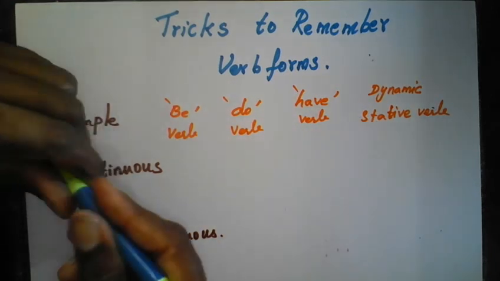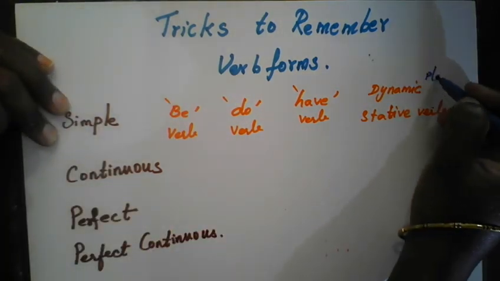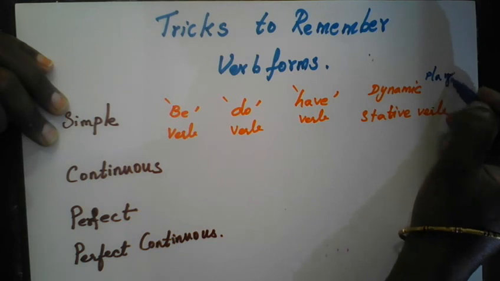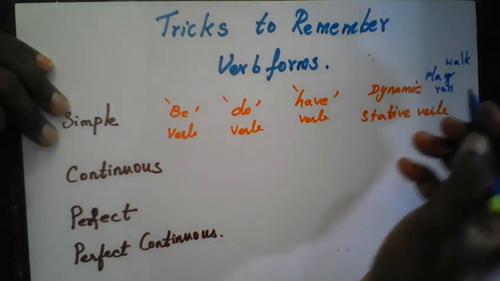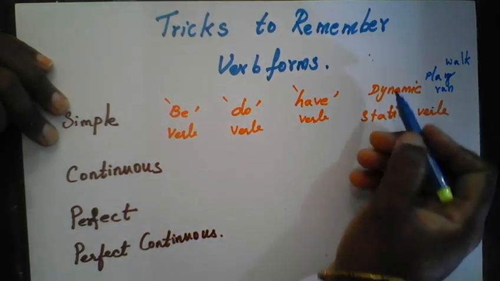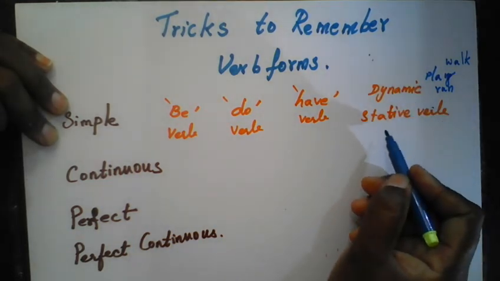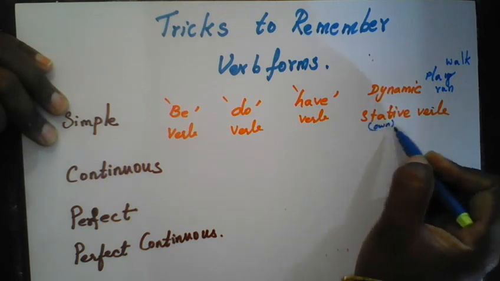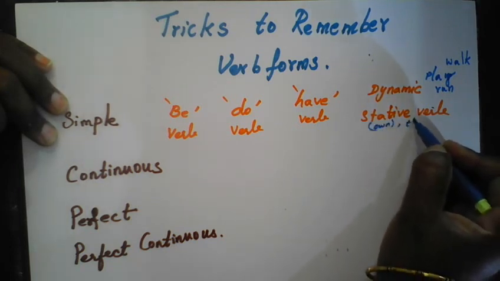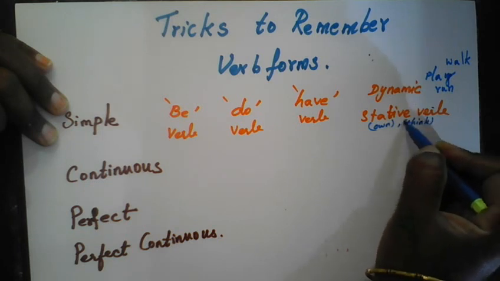See, for example, play, run, walk. These are all physical actions. They are dynamic verbs, and the stative verbs are like own, think, be.